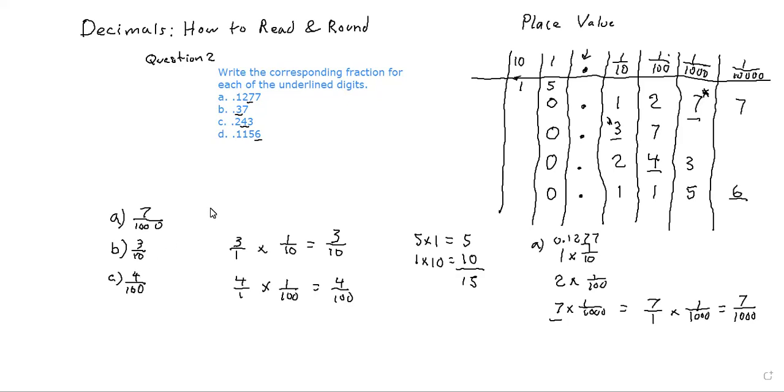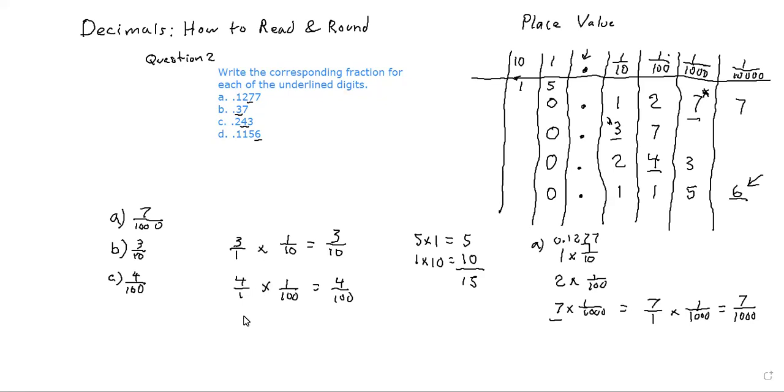And finally, we have the last decimal, D, and the 6 is underlined. We have that number written here in the place value table, and we see that 6 is in the 1/10,000th place, so it's 1 over 10,000.